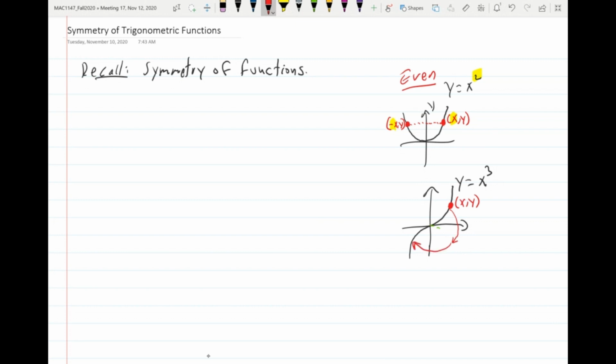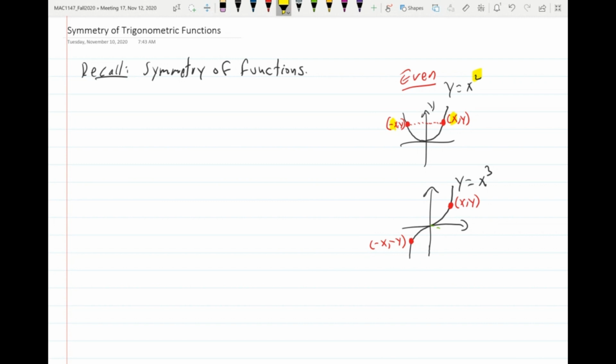In other words, if (x, y) is on the graph, then (negative x, negative y) would also be a point on the graph. That's what it means to be symmetric with respect to the point (0, 0). So if (1, 1) is on the graph, then (negative 1, negative 1) will be on the graph. If (2, 8) is on the graph, then (negative 2, negative 8) is on the graph.